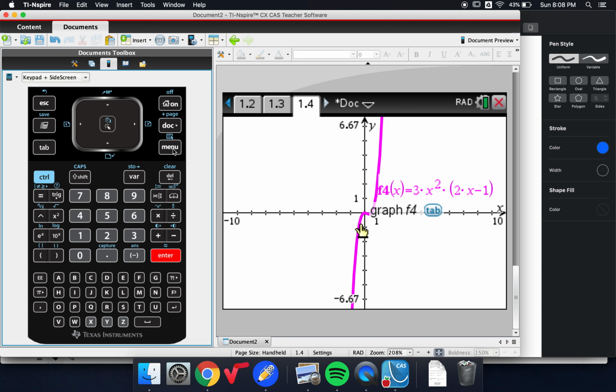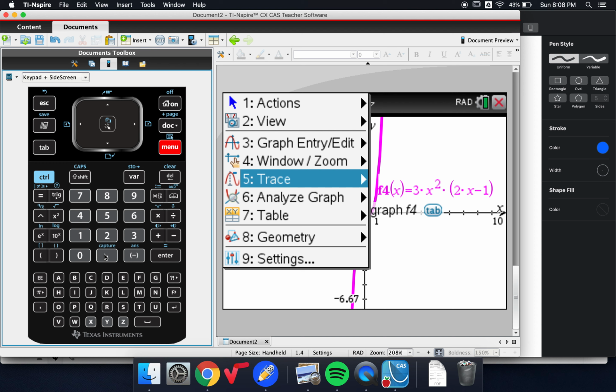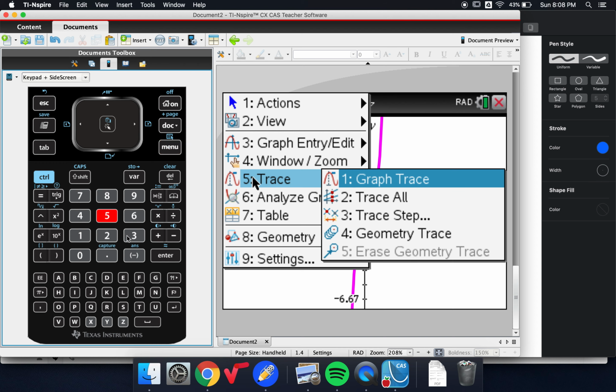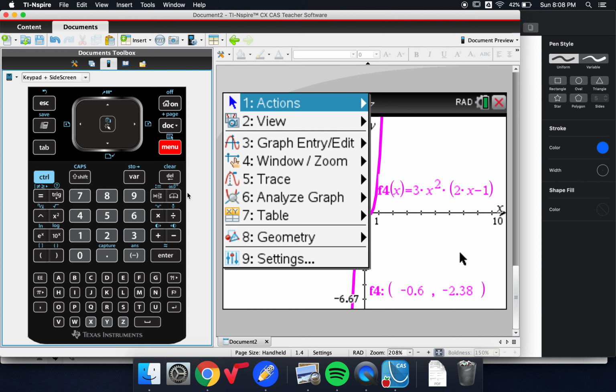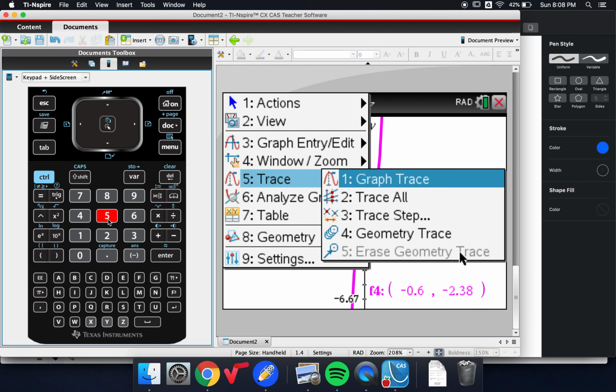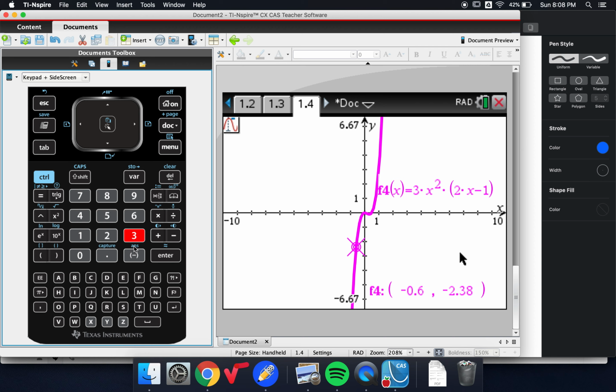One way I could look at this is I could trace my graph. And so I can see as I go towards -1/2, well, now it's at -2.38. I thought it was -1.5. So I'm going to go into my menu and back to trace and look at my trace step.